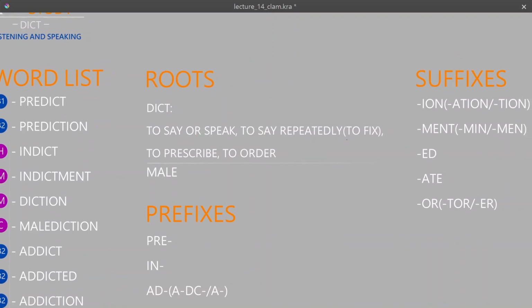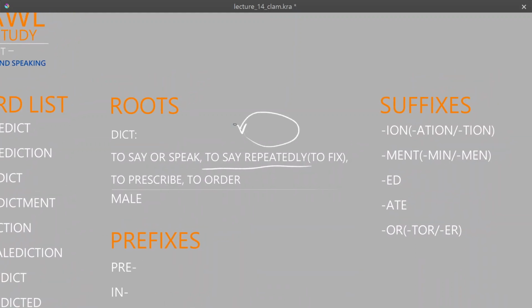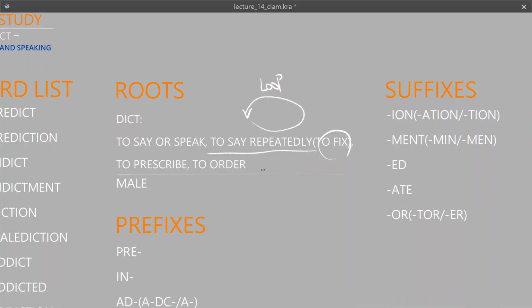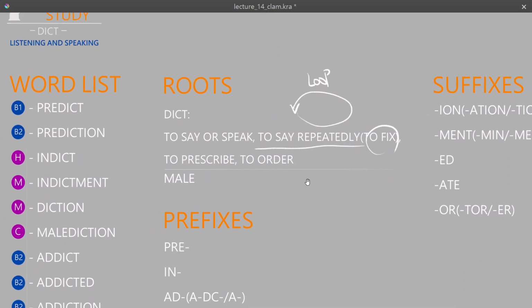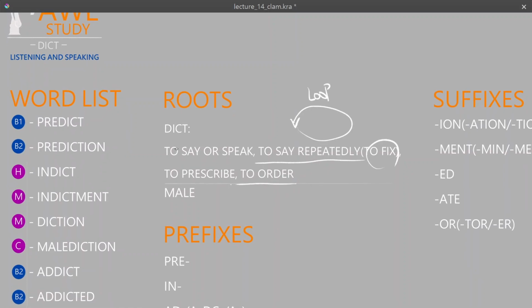Say repeatedly is like you're stuck in a loop, to say something repeatedly. Or to prescribe or to order something, to order somebody. All right, let's move on.